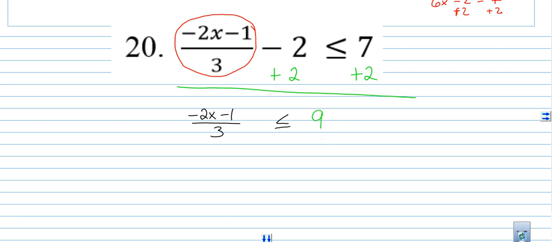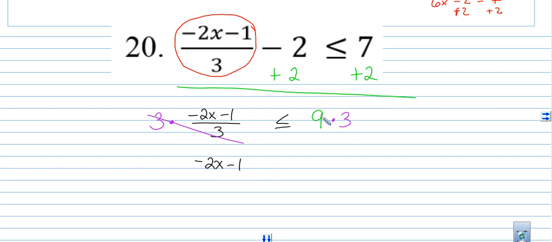So now we look at this, and we have this divide. Most people got it wrong because they wanted to get rid of the divide first. We now have the divide that we can get rid of, which is times 3 to both sides. 3 divided by 3 is 1, and 1 times negative 2x minus 1 is negative 2x minus 1.